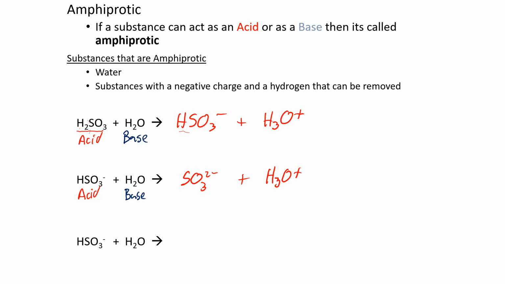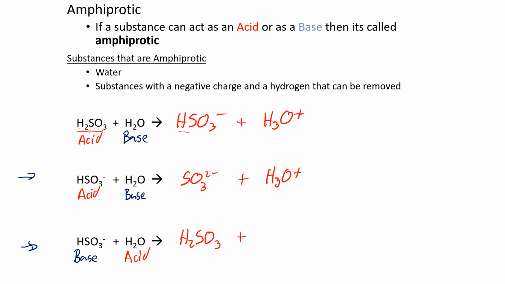Now, if we take the exact same equation, like this reaction is the exact same as this reaction, but we say that this is going to be a base, that means this one's going to act as an acid. So if HSO3 minus is a base, it accepts a proton and becomes H2SO3. If water right here acts as an acid, it's going to donate a proton.